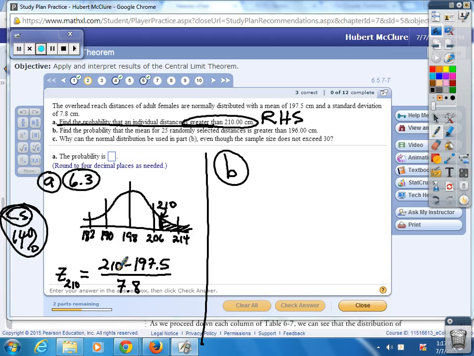No, I'm sorry. I was right, 12.5? 12.5 over 7.8, which is 13 over 8, which would be 1 point, I don't know what, 8, 9, 10, so 5 eighths, 5 eighths, 4 eighths, so around 1.5.